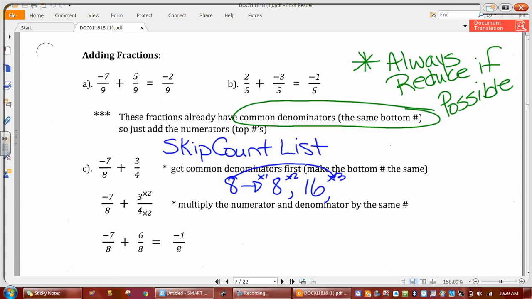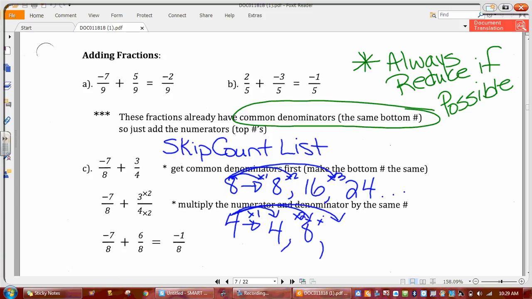I'm going to multiply it by 1, and I get 4. Then I times it by 2, and I get 8. And then I times it by 3, I get 12, but I can stop already. I found my answer, 8. Okay? So the skip count list can help you find the common denominator much quicker than just multiplying the bottoms. Okay?